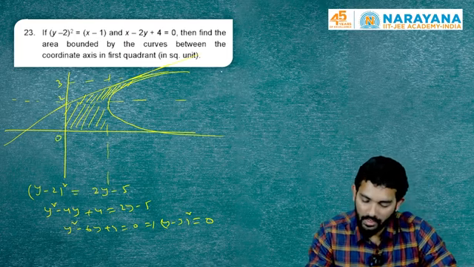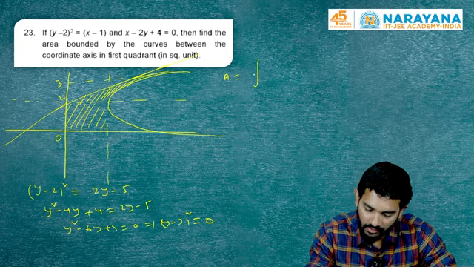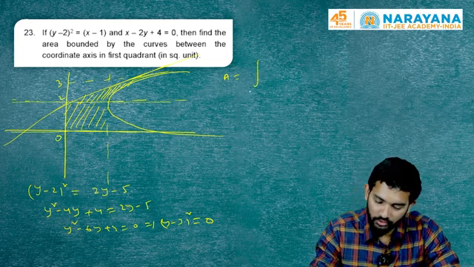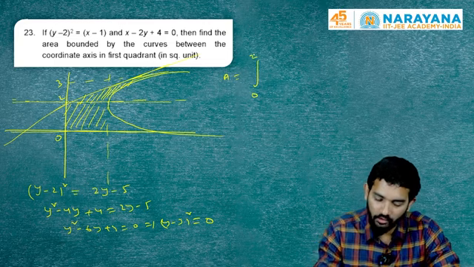So I'll write this required area as an integral. Between these two things, y = 0 to y = 2, right curve minus left curve.